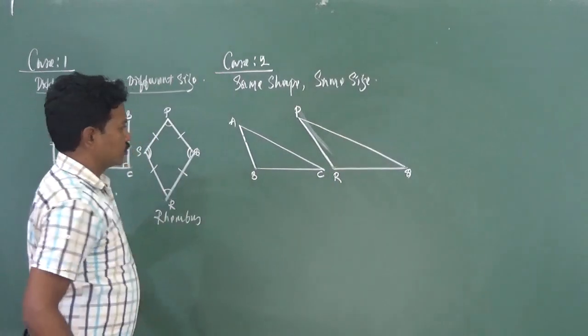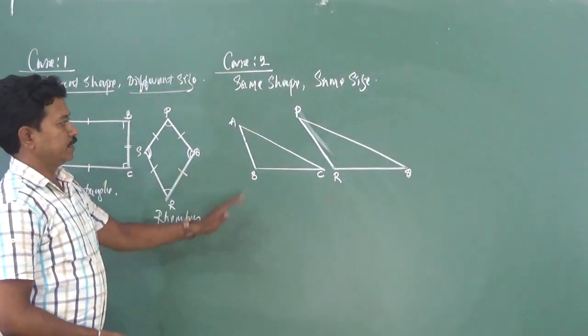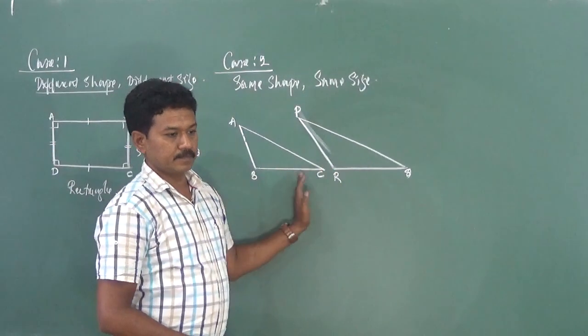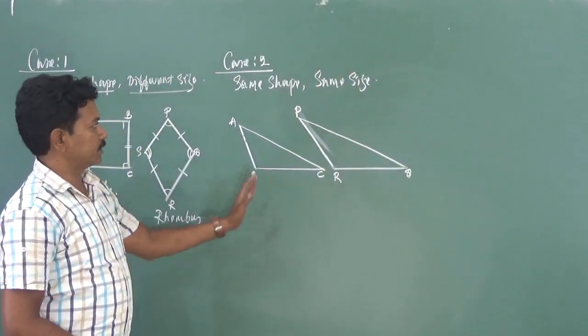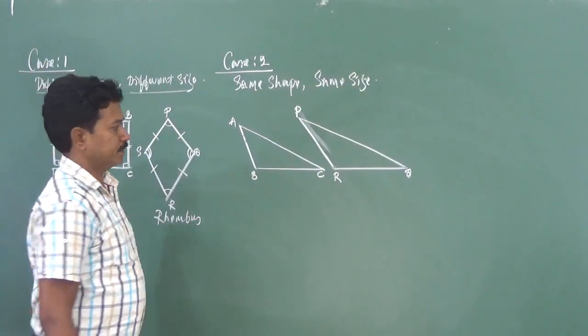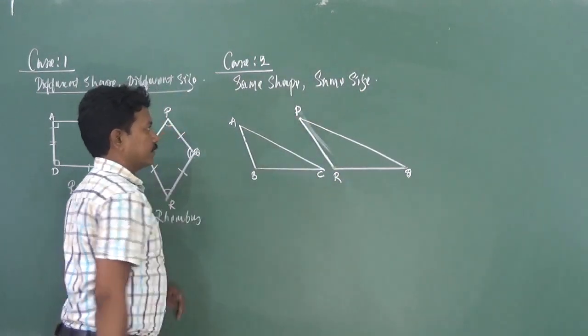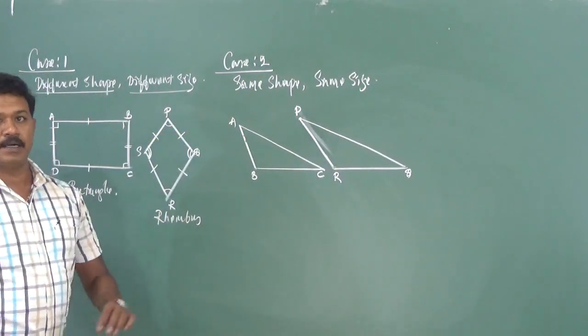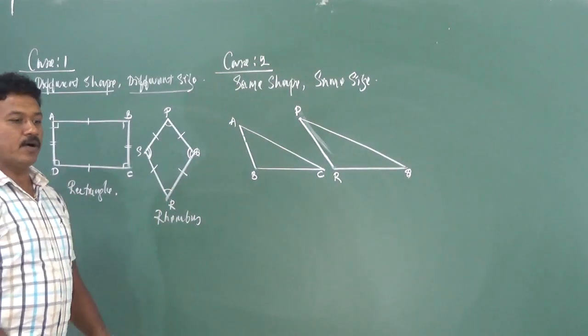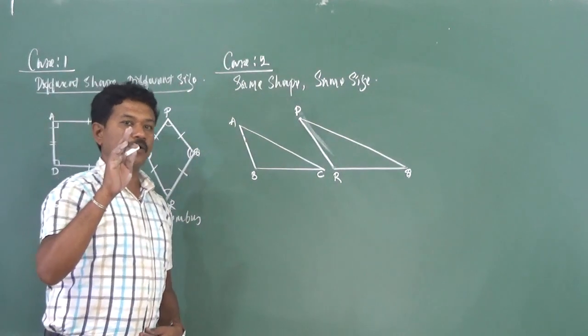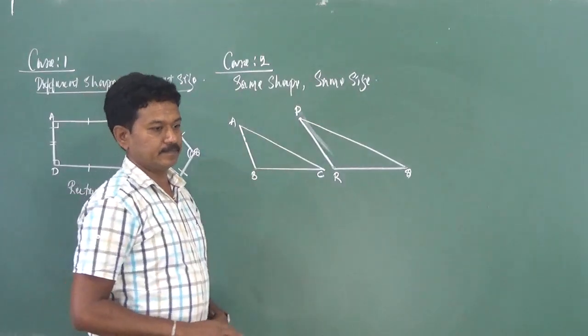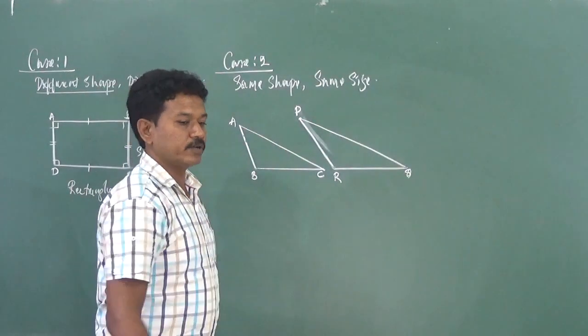When you compare these two triangles, you can see that they have the same shape and the same size. In your previous classes you have learned that two geometrical figures having the same shape and same size are called congruent figures.